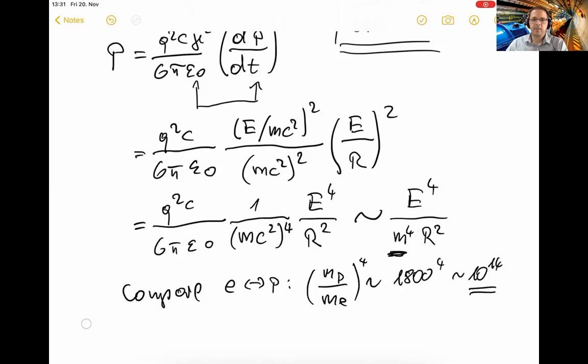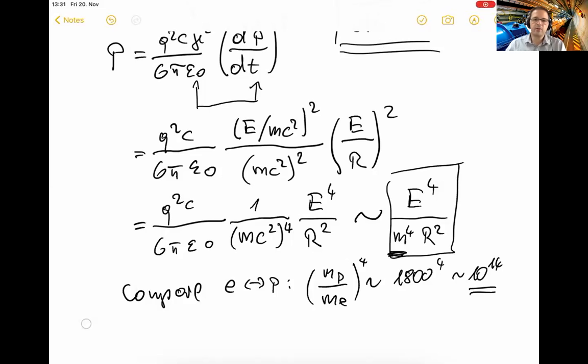What I want you to read off from this expression is that electrons at a circular collider are limited by synchrotron radiation, and it's very hard to beat. The mass of the electron is small, you can do nothing about it, okay?